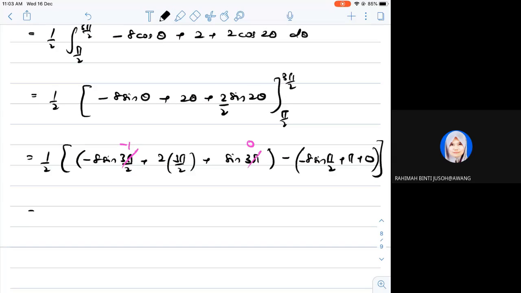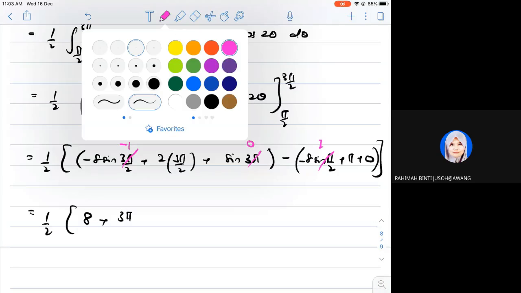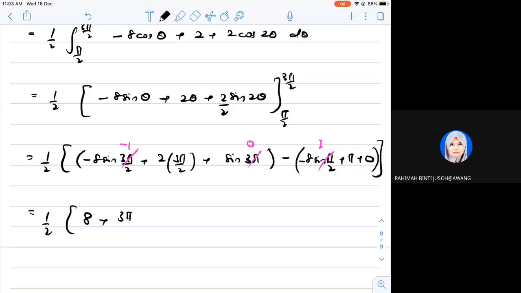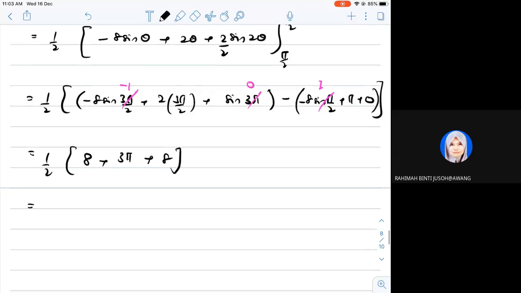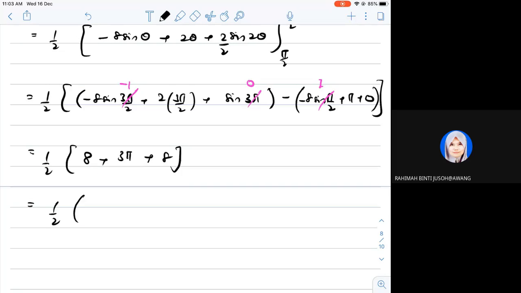So we will have negative 8 times negative 1, so 8 lah. So 2 jadi 3 pi. Here, sin pi over 2 is 1. So tambah 8 lah. So you should get 1 over 2. We will have, tertinggal satu lagi.